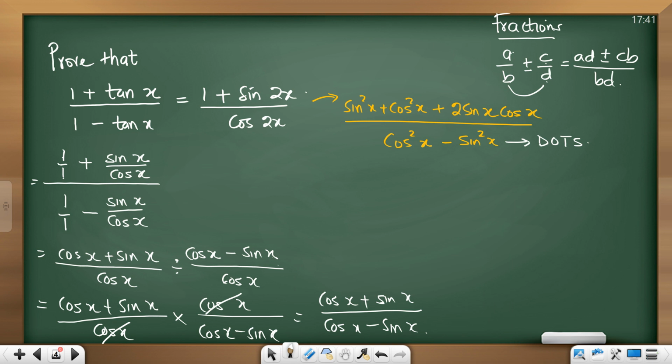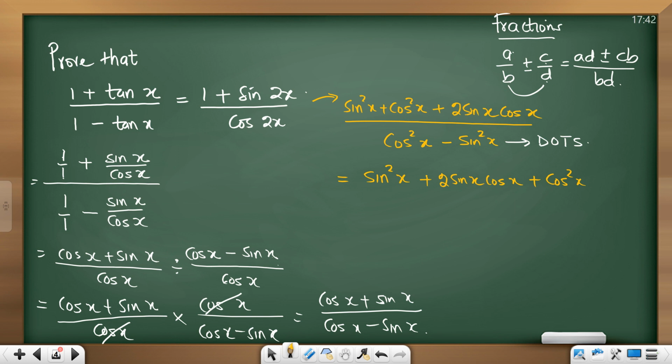And the one on top is another thing that I need you to keep at the back of your mind. You will see what I'm going to do here now. I'm working with the right-hand side, right? Look, sine squared x plus 2 sine x cos x plus cos squared x is a trinomial.